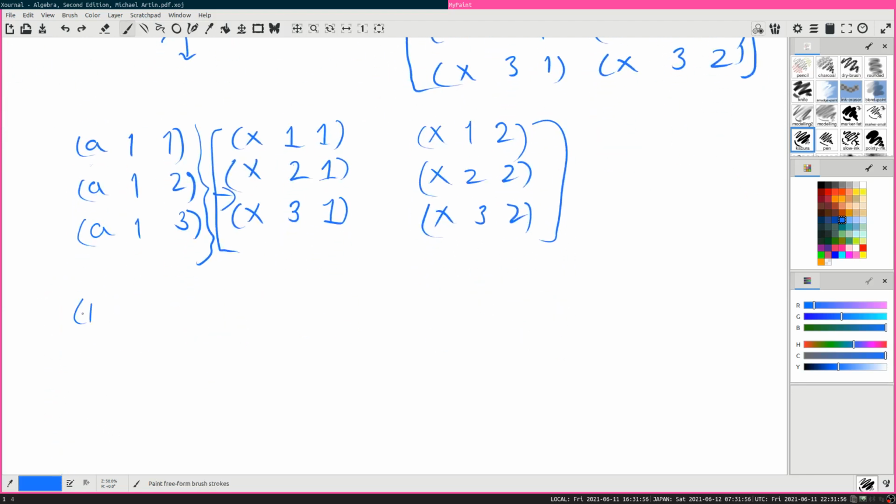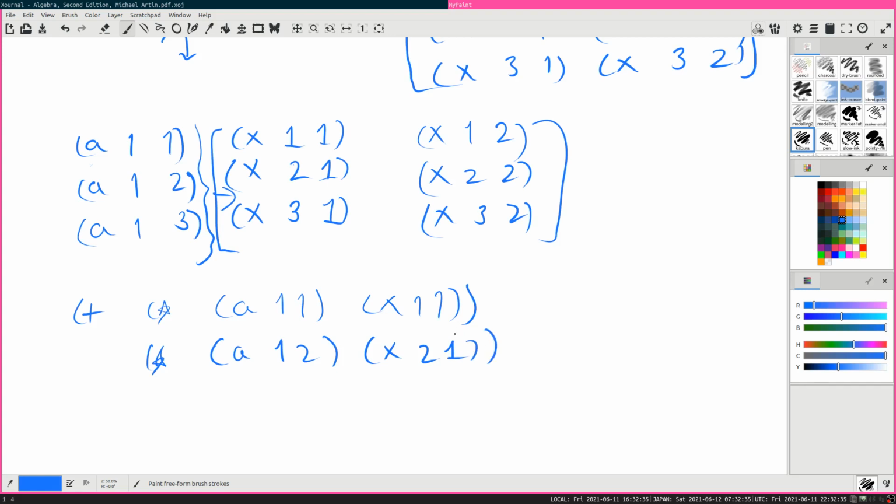Let me just plus, we're collapsing using a sum, times, and I'm just rewriting what I wrote above, a1,1 x1,1, close the times, got another times here, stretch my hand out, a1,2 x2,1, times a1,3 x3,1.